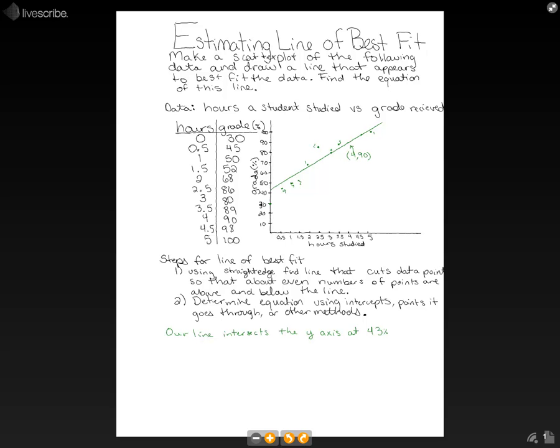And our line pretty much goes right through this point, or just is right by it. So we can use that other point to help us. So we can say it also intersects 4, 90. So the next thing we do is we're going to use point slope form.